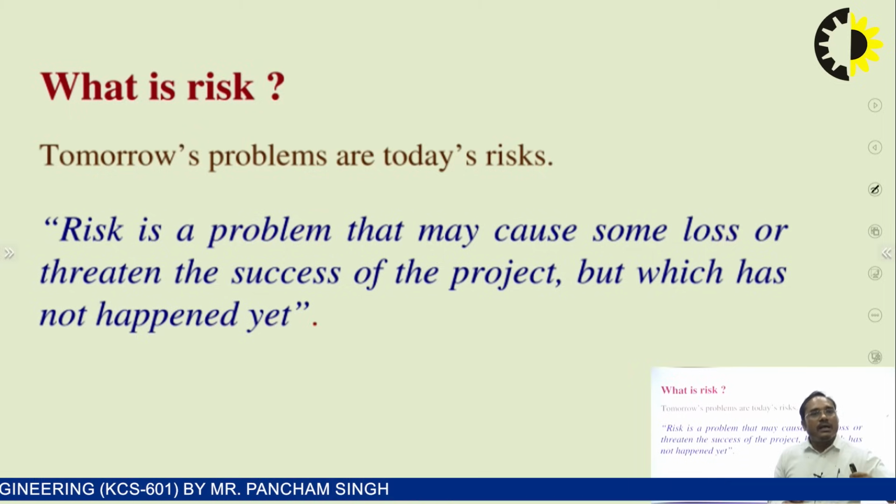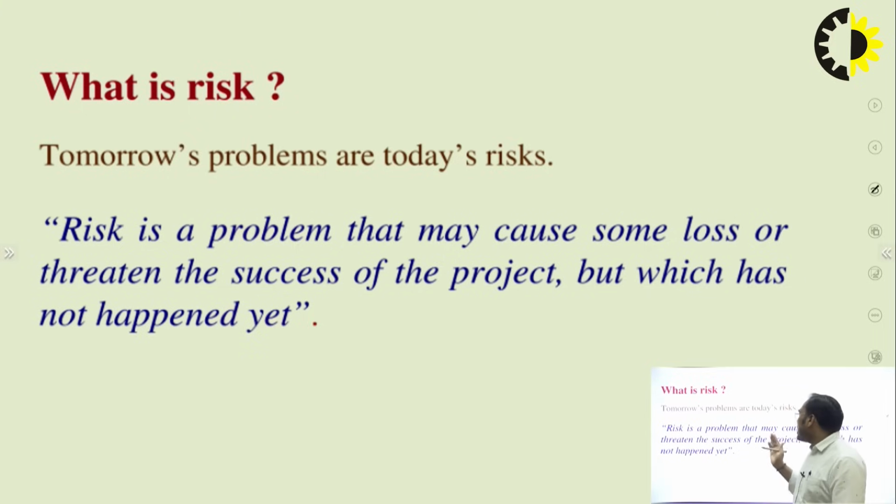So definitely, if you are going to invent new things, it will give a challenge for developing the new things for tomorrow. So risk is a problem that may cause some loss or threaten the success of the project.